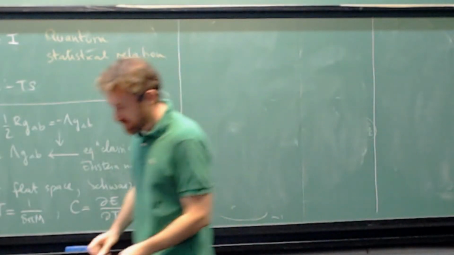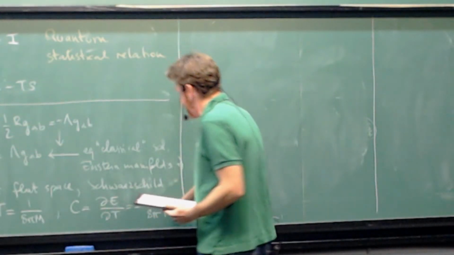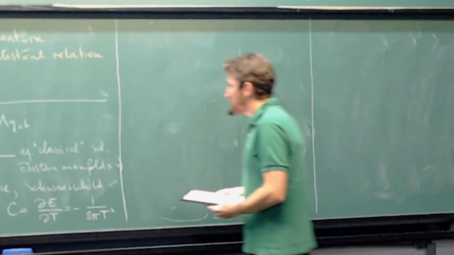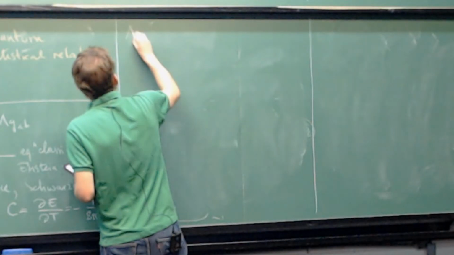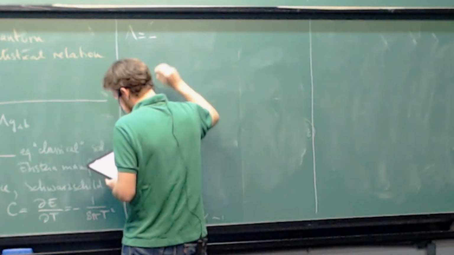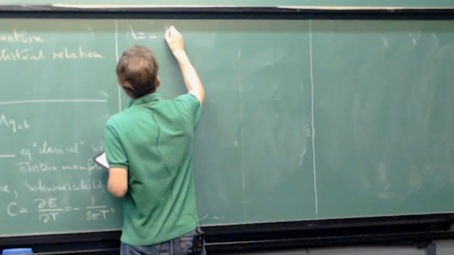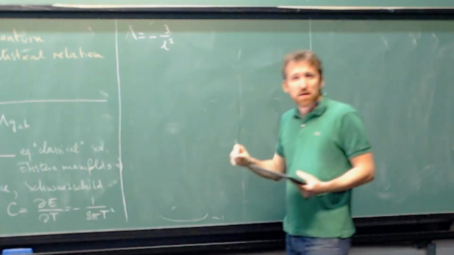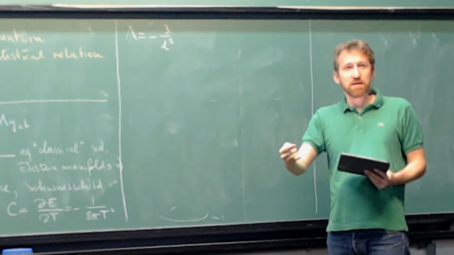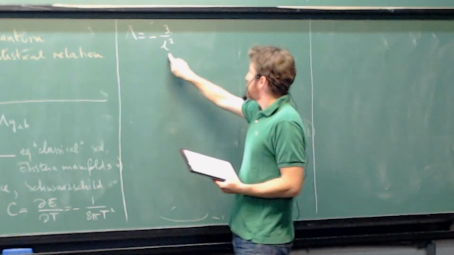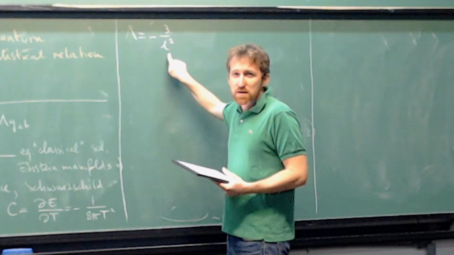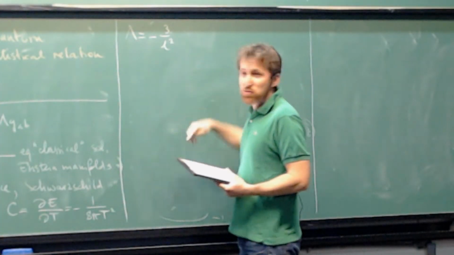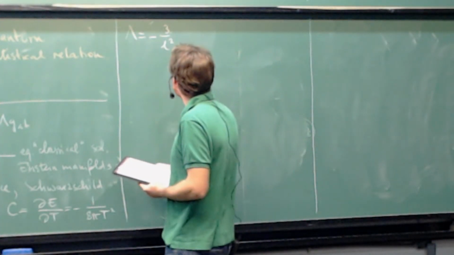Okay, so rather than studying Schwarzschild, rather than starting with flat space, we look at AdS. So we'll set lambda to be minus 3 over L squared. The cosmological constant has dimensions of length to the minus 2. So we set L to be our unit of length, and we normalize it to 1. You'll see in a second why.